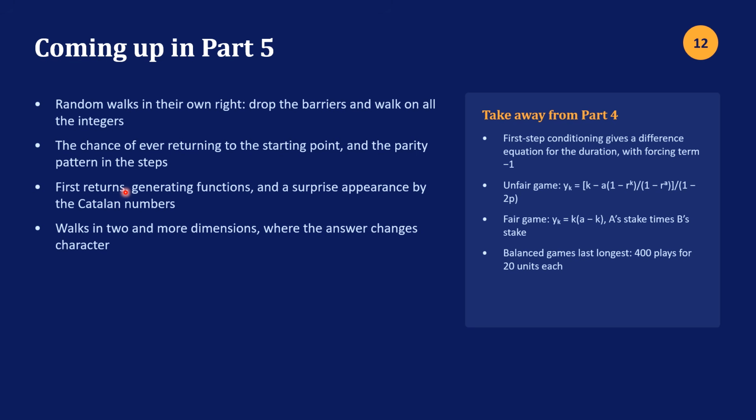But there's another calculation when you want to actually know when is the first time that you come back to a particular state, given that you started in a state. So that's a little bit more of a complex computation, and we'll do that. Then we'll mention walks in 2 or more dimensions where the answer changes character.